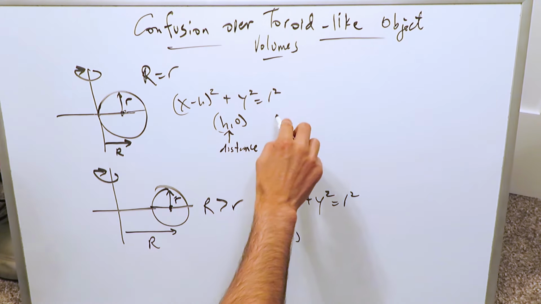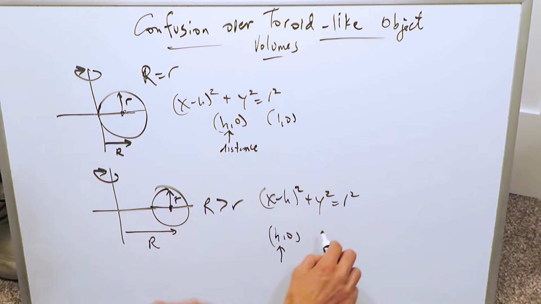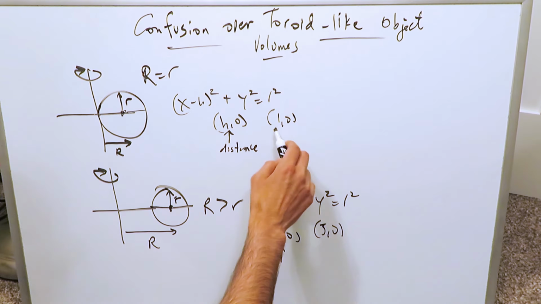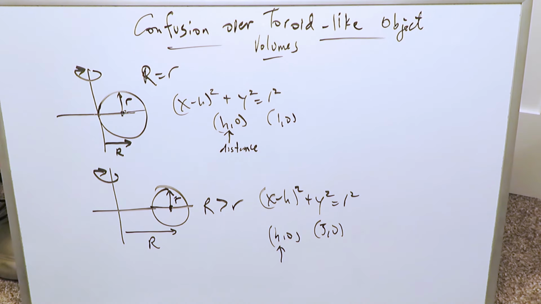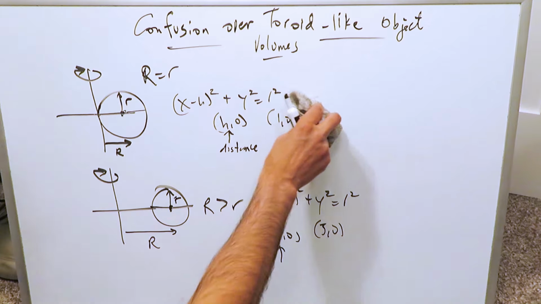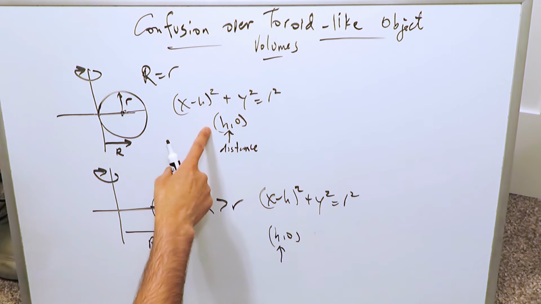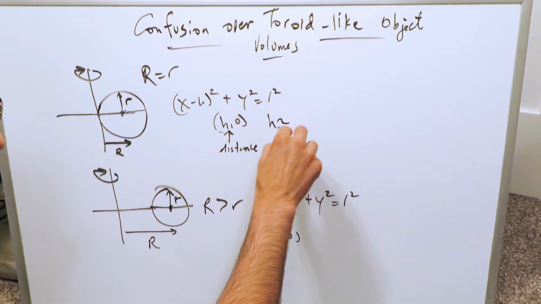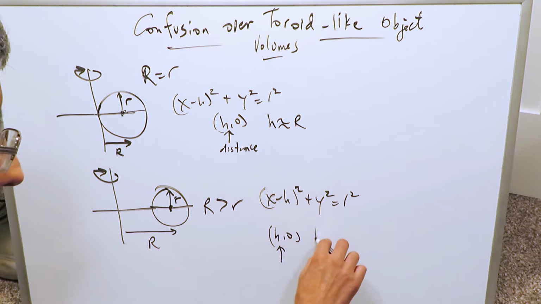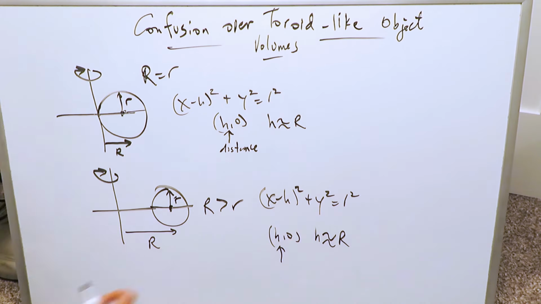Supposedly this circle has a center (1, 0) and this has a center here (5, 0). In this particular case, you're 1 unit away from the origin. Here you're 5 units away from the origin. The center in both cases is giving you an indication of distance. Keep that in mind. In this particular case, the distance h is also synonymous with your major radius. Here again, h is synonymous with your major radius.